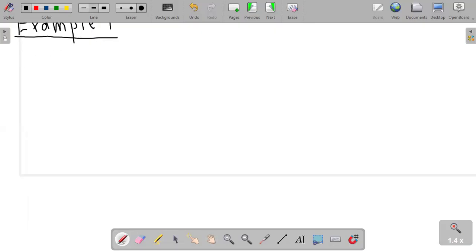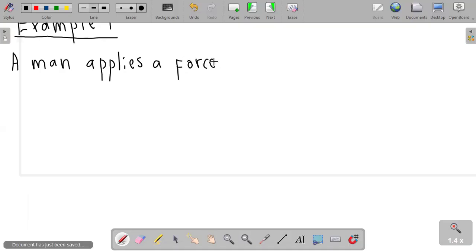So they say here that a man applies a force of 5 newtons on a crate.